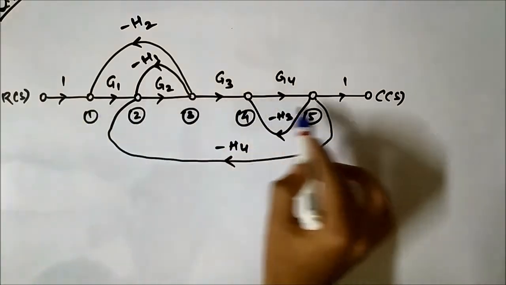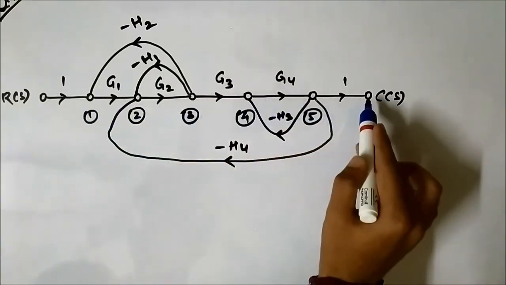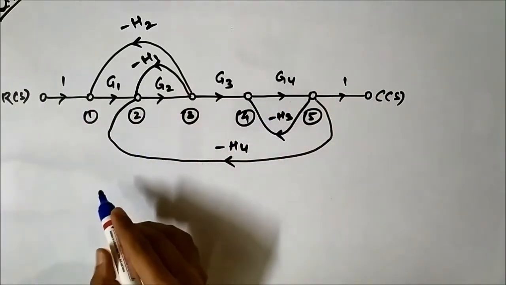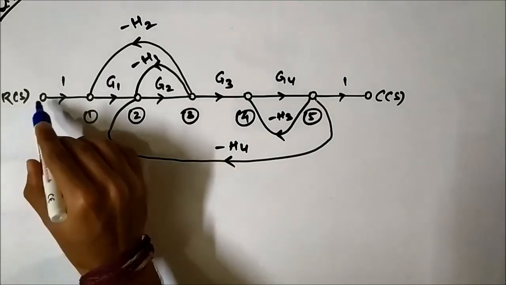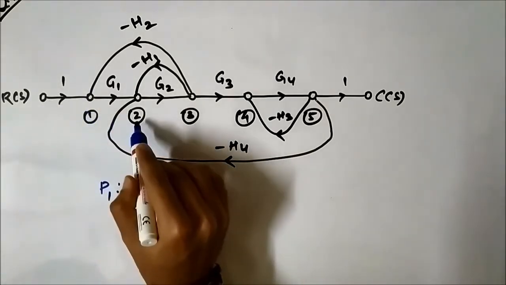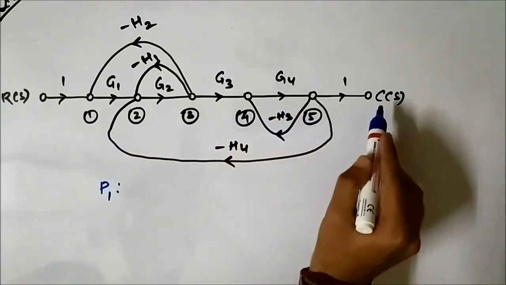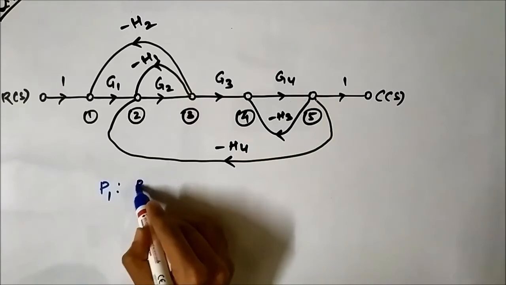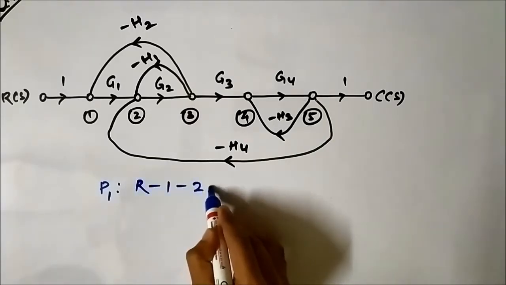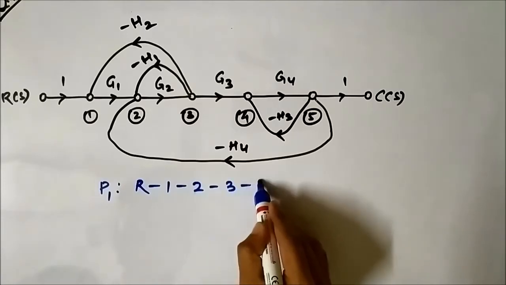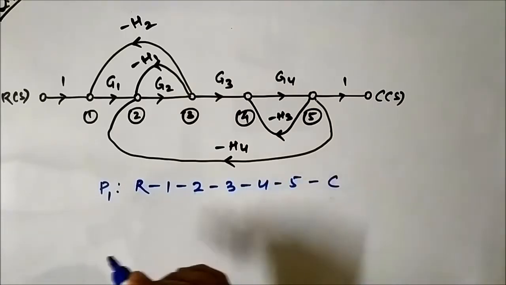If we look at this signal flow graph, it has only one forward path: R, 1, 2, 3, 4, 5 and C.